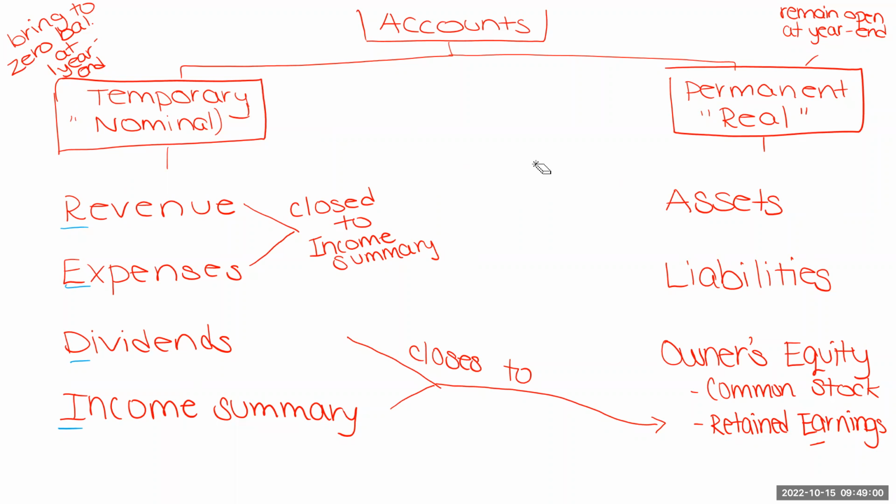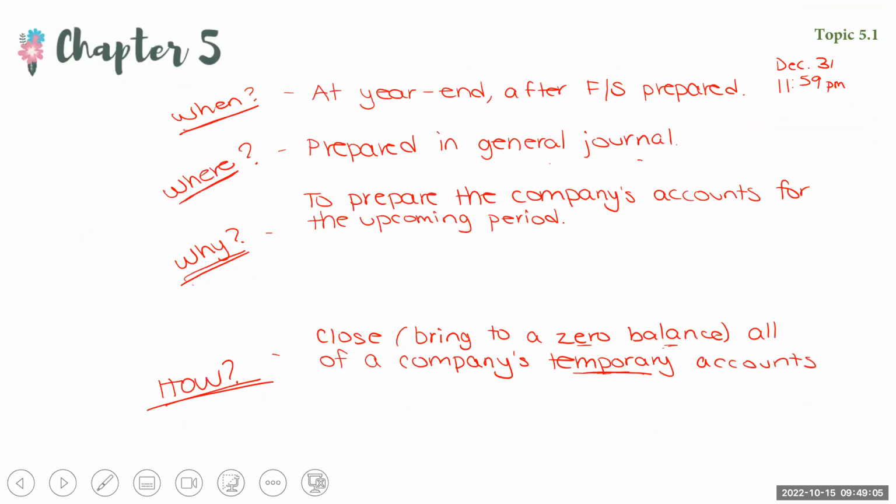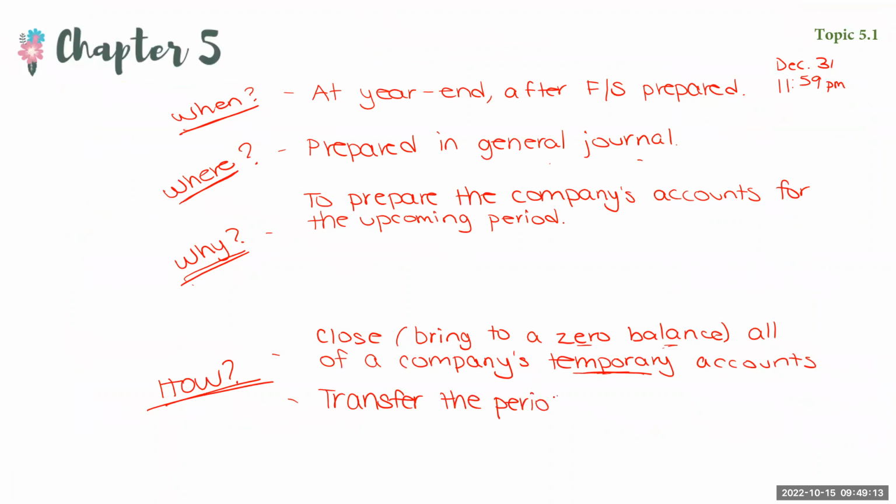Okay, so let me go back a slide and we can kind of add to our notes there. So how do we do it? And we also transfer the period's net income and dividend activity to retained earnings.